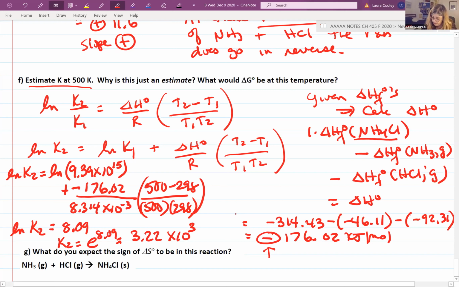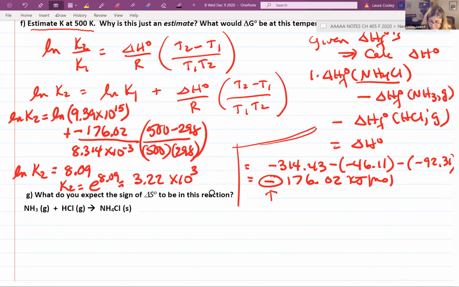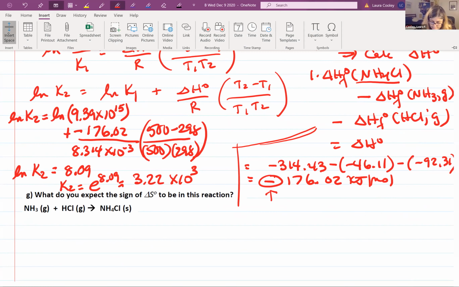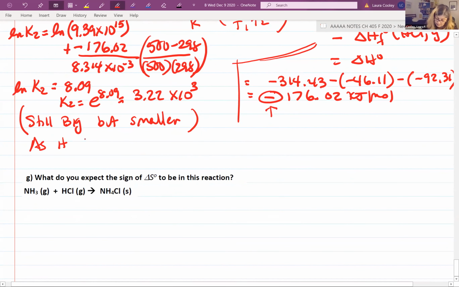It's still big, but it's not as big, as it should be with a negative delta H.